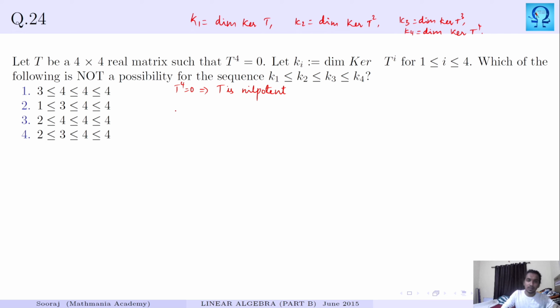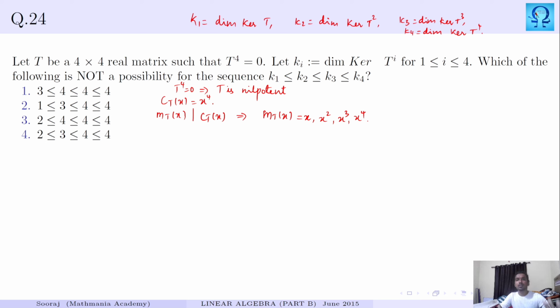When t to the power 4 is 0, we can very well see that the characteristic polynomial of this matrix is x to the power 4. By Cayley Hamilton theorem and other basic theorems, we can see that the minimal polynomial of a matrix divides the characteristic polynomial. So this gives us a hint that the minimal polynomial of this matrix can be either x or x squared or x cube or x to the power 4.